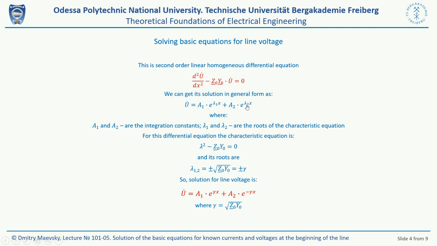Each component is an unknown constant of integration, which is multiplied by the exponential function of the x-coordinate. The exponents are the lambda 1 and lambda 2 numbers, which are the roots of the characteristic equation.